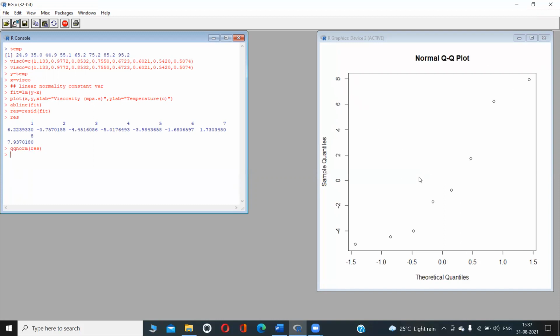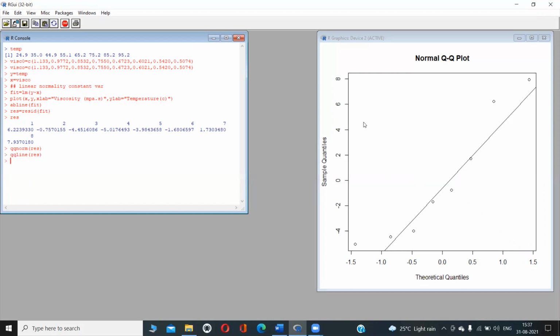This is the residual normal plot, or a QQ plot, but we want a line here just to understand. You can see here again the observations are not on the line. So this means the errors are not normally distributed. So the second assumption is also not satisfied.